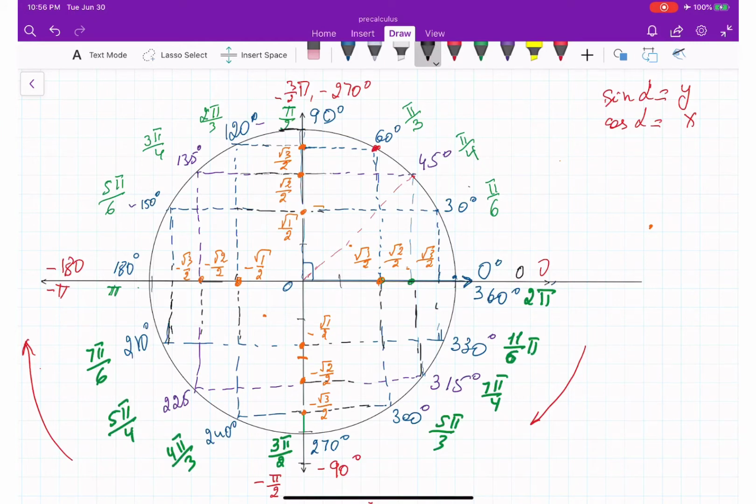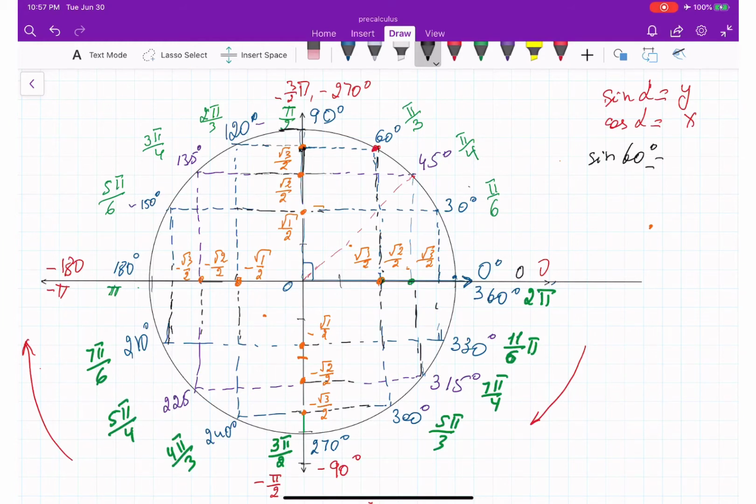that sine 60 degrees is equal to, it's going to be this vertical line, right? This length, which is how much? Square root 3 over 2, correct? This is going to be your y.